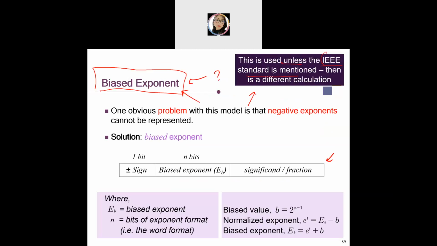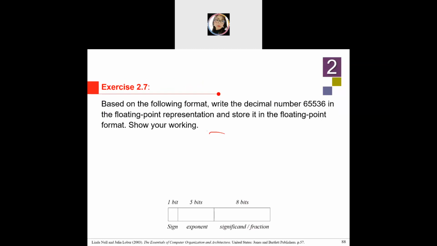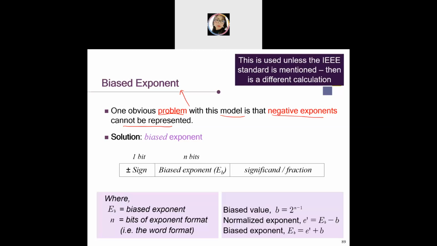Unless it doesn't mention it, then you use this biased exponent. One obvious problem with this model is that a negative exponent cannot be represented in your previous solution. That's why we come up with the solution of a biased exponent.